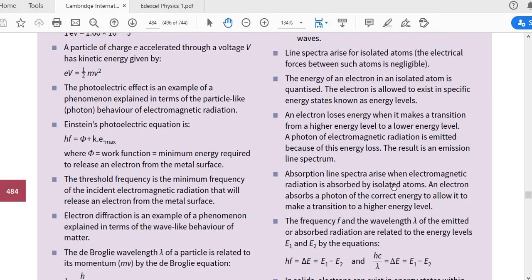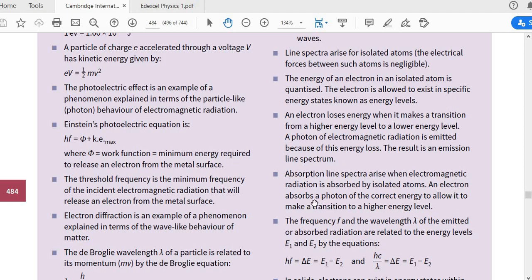Then absorption line spectra. Now remember, we had the continuous spectrum. We saw emission line spectrum. Now we will see absorption line spectrum. Absorption line spectrum arises when electromagnetic radiation is absorbed by isolated atoms. Here it is talking about the isolated atoms.